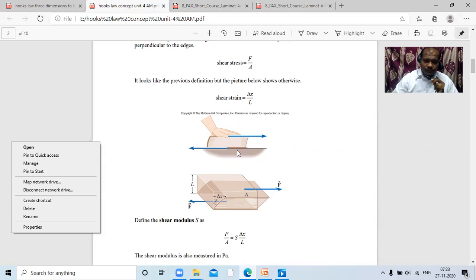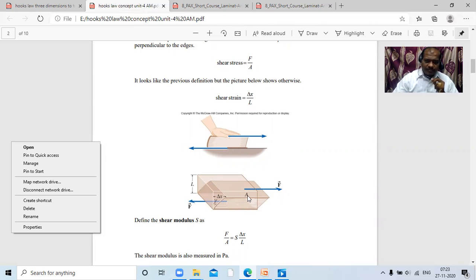If you observe this, a palm, that is a hand, is compressing a sheet. One type of force is acting here, and another type of force is acting there. By compressing this one, it is going to expand in these directions. This way is called shear deformation.